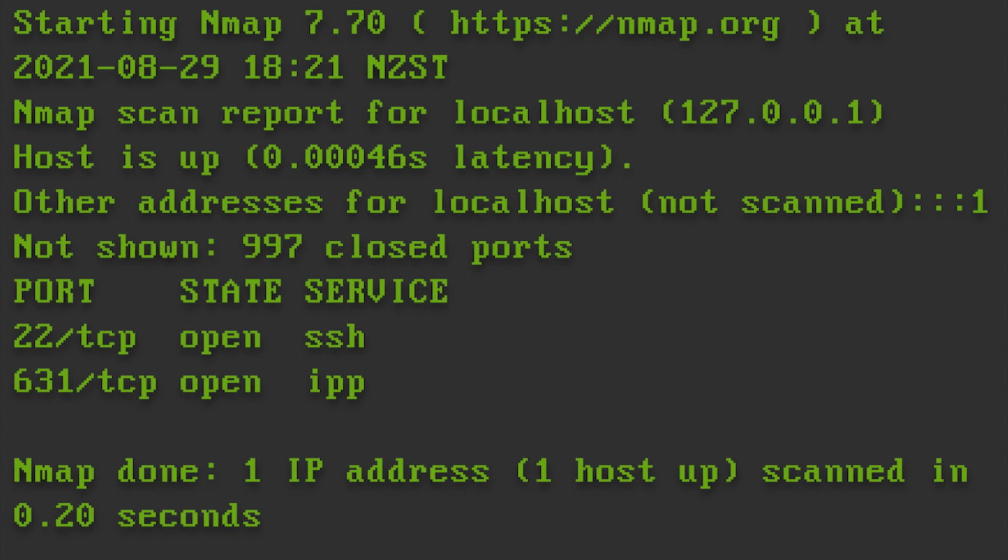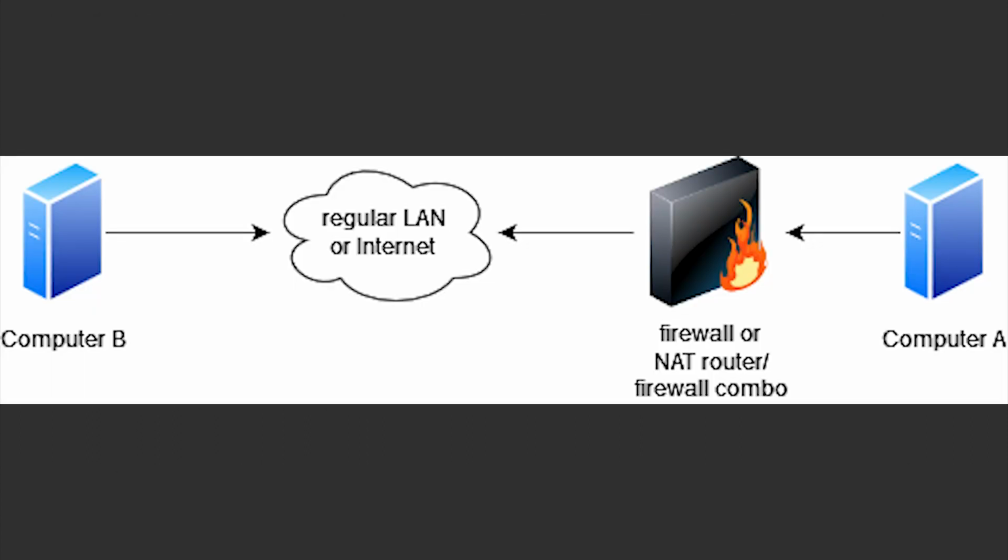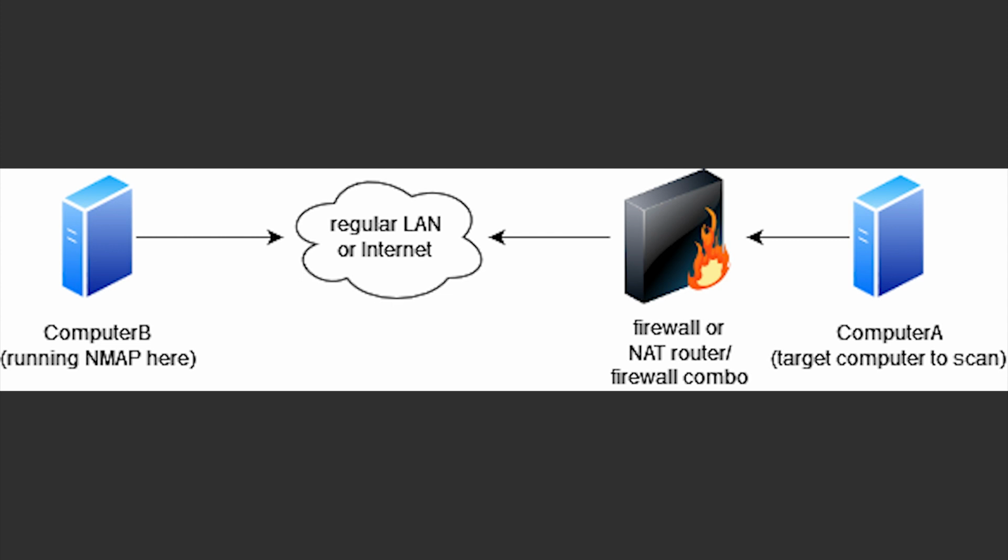I think that's what it stands for anyway. Now, you might have already been thinking about this, but now is probably a good time to have a quick word on firewalls. Say I had a firewall in front of my localhost machine here. Let's just call this one computer A. And now I was scanning from a computer that was behind that firewall, let's say computer B. So computer A, firewall, and then computer B where I'm running nmap from.